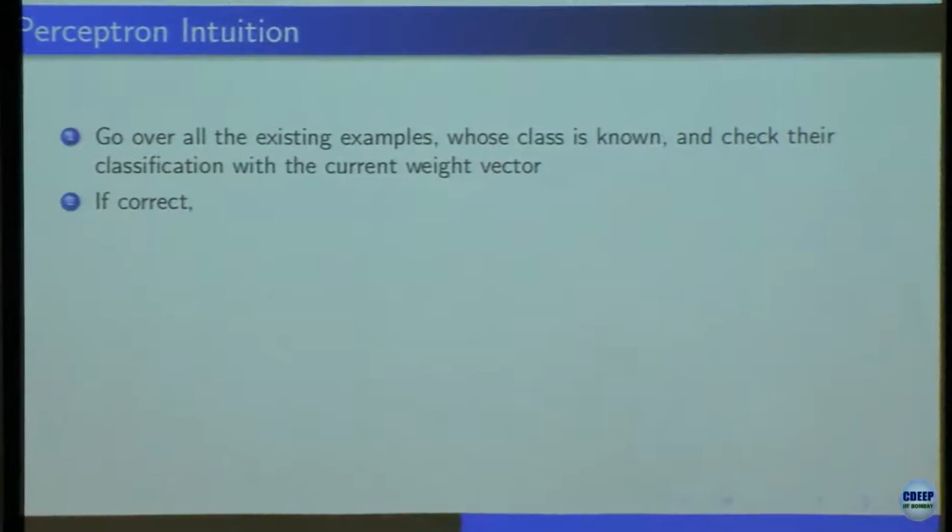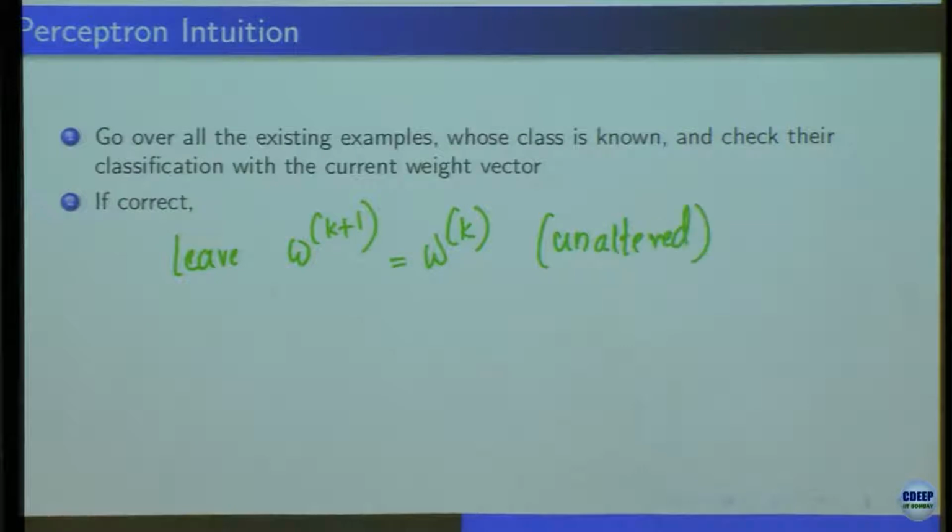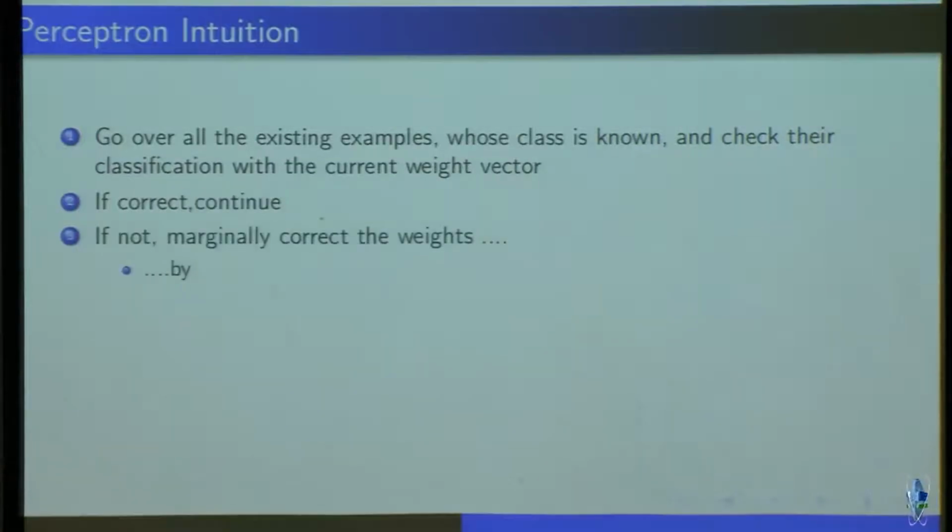So if correct, then leave w_{k+1} as w_k unaltered. Do nothing. Continue.